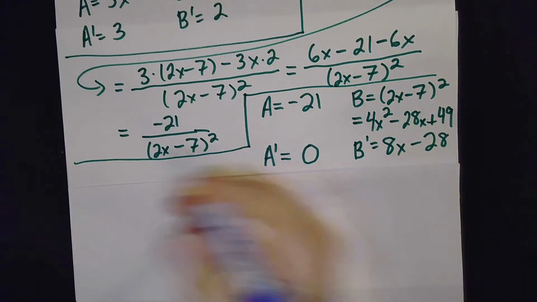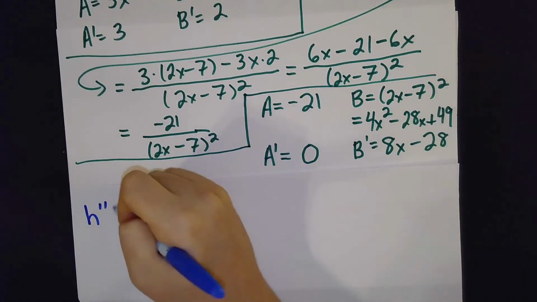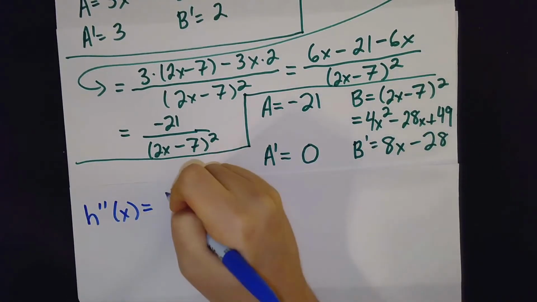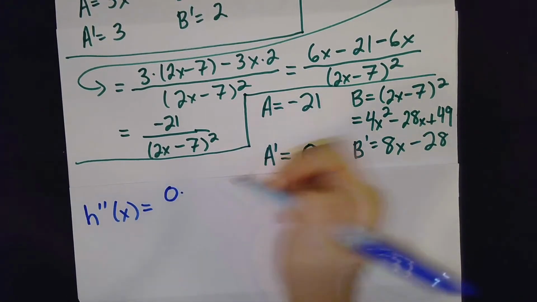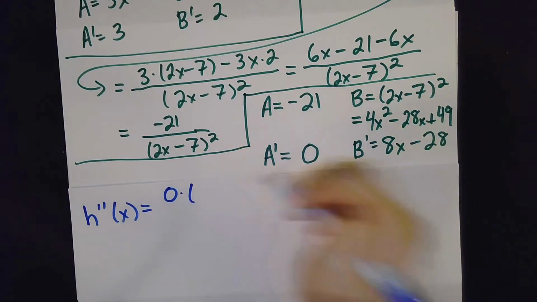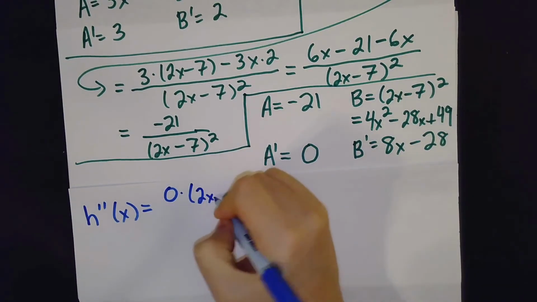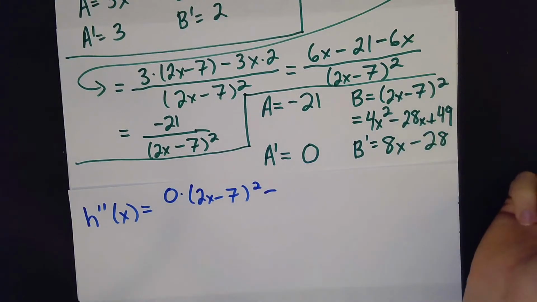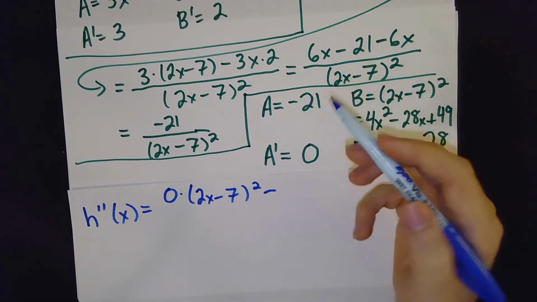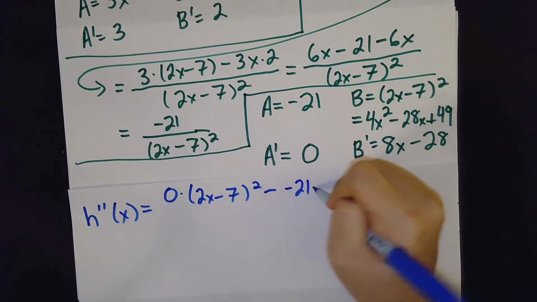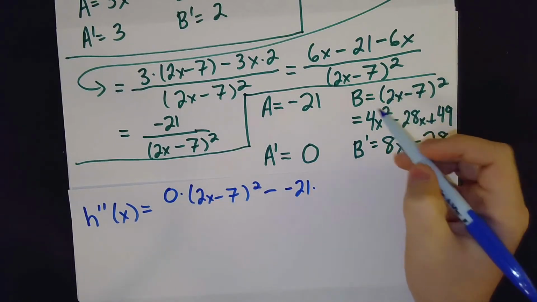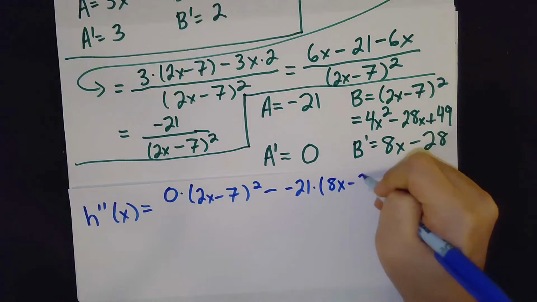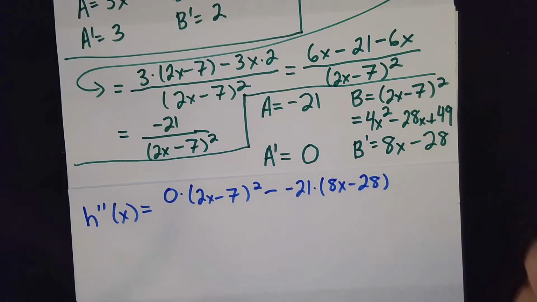Okay, so then that means that h double prime of x will be a prime, which is 0, times b, which is (2x minus 7) squared, minus, and then a, which is minus 21, times b prime, which is 8x minus 28.